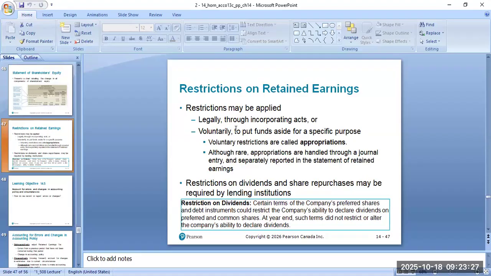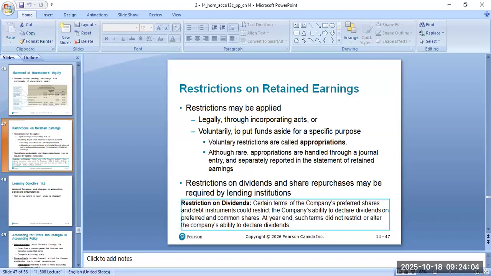Now, imagine if we owe the bank money, and every time we have income, we distribute that income as a dividend to the shareholders. Well, obviously, the bank is not going to be happy because the bank wants to get the money as soon as possible. So for that reason, the bank may impose a restriction on the dividend or the retained earnings and say all the retained earnings should be kept in the company until the loan is paid.